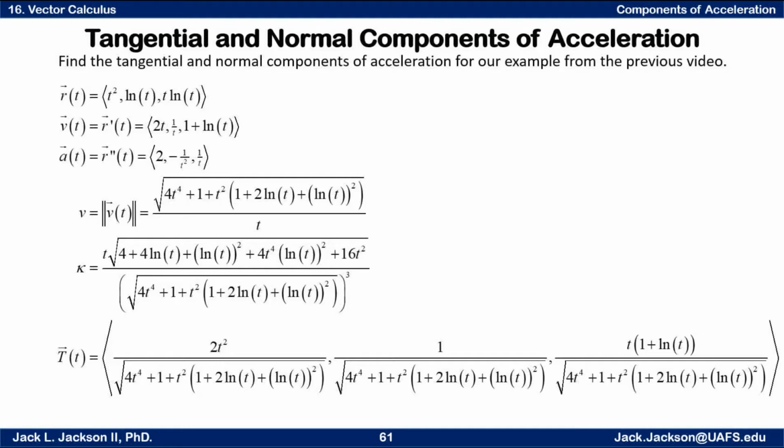Then the acceleration vector is the second derivative of the position, or the first derivative of the velocity, and that's going to be the vector 2, comma, negative 1 over t squared, comma, 1 over t.